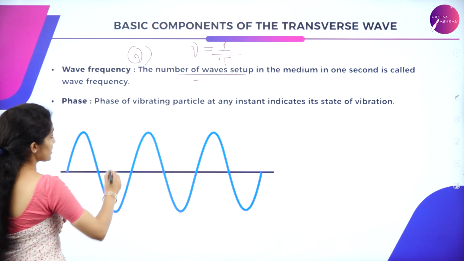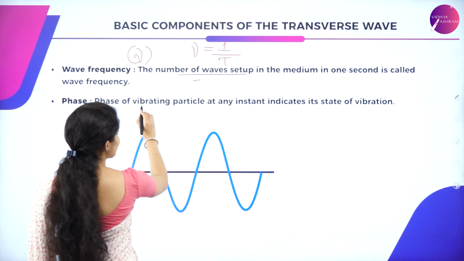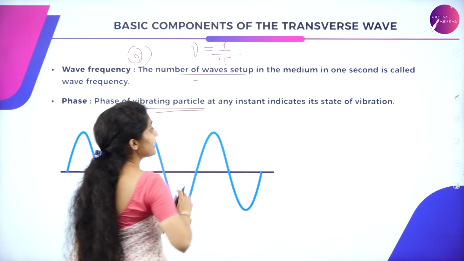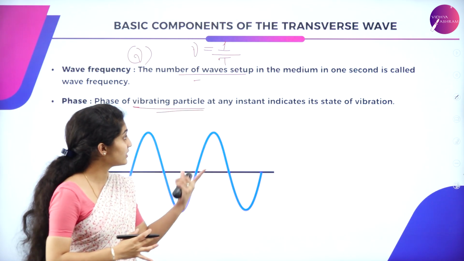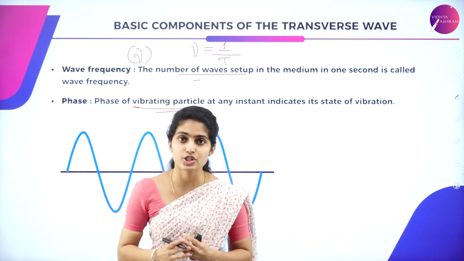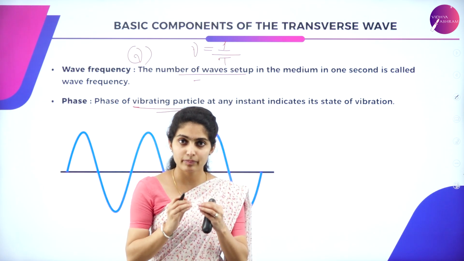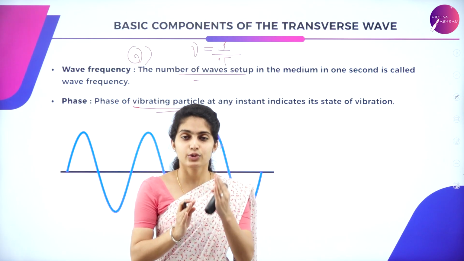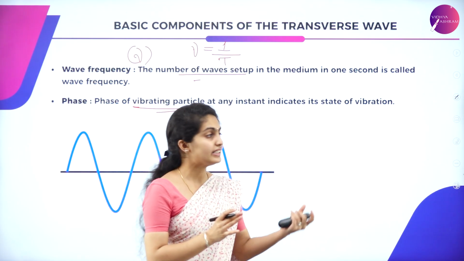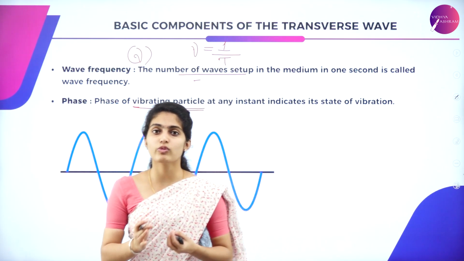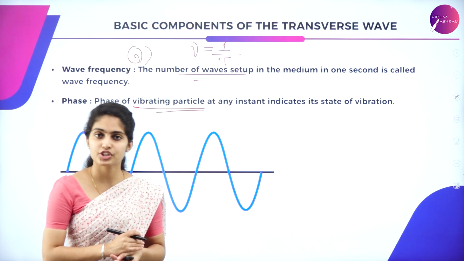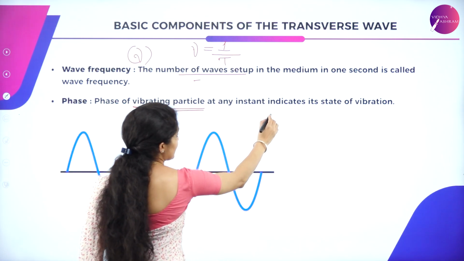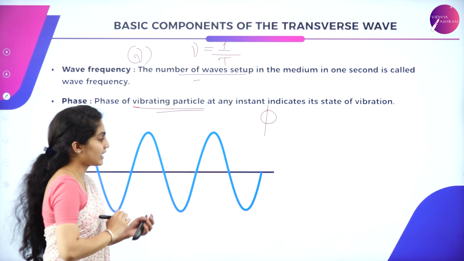Next is phase. So what is this phase? The phase of a vibrating particle at any instant indicates the state of vibration. So if the particle possesses a certain phase during the propagation of a wave, it determines the state of vibration of the particle in the medium. Phase is represented by the term xi.